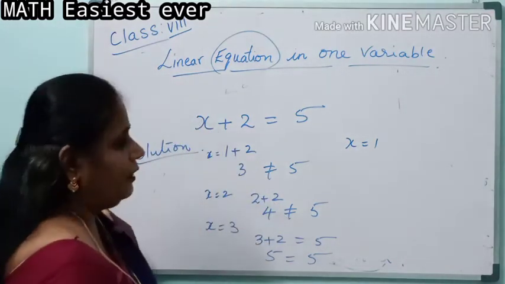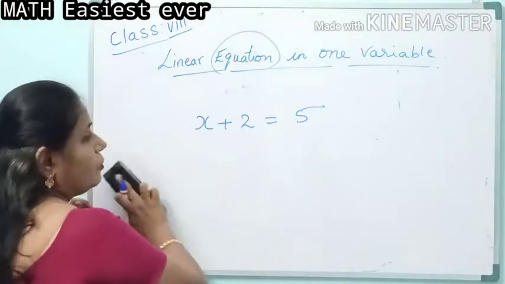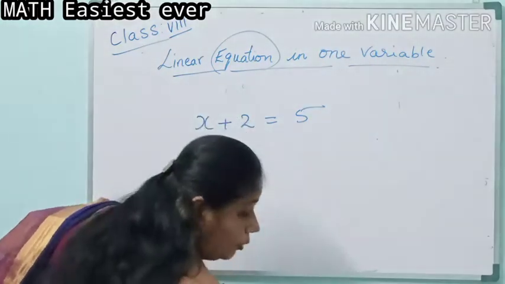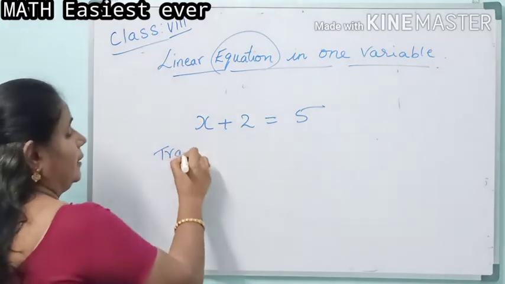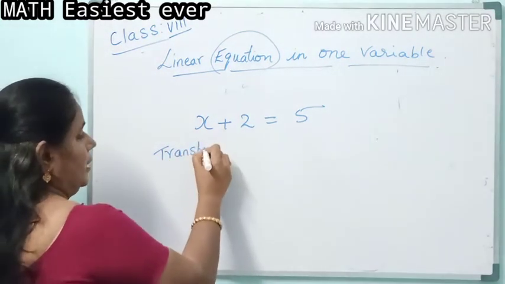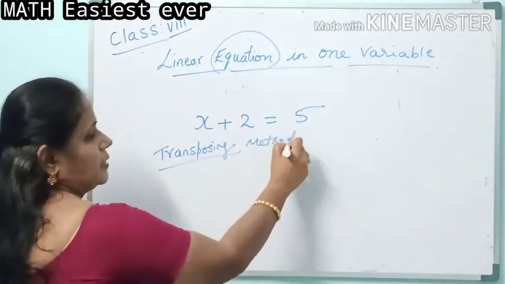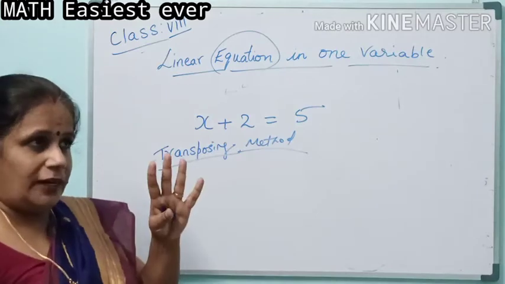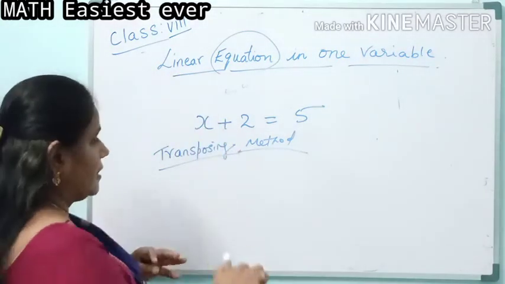This we cannot just simply see and say for all the sums. So what we do is we follow a method which is called the transposing method. In the transposing method, this is a 7th standard topic, recall it, because you are going to do this in the first exercise.